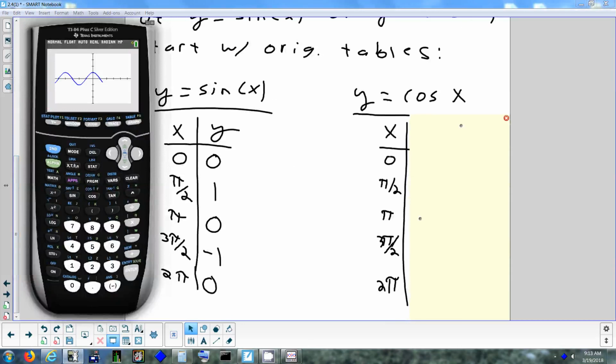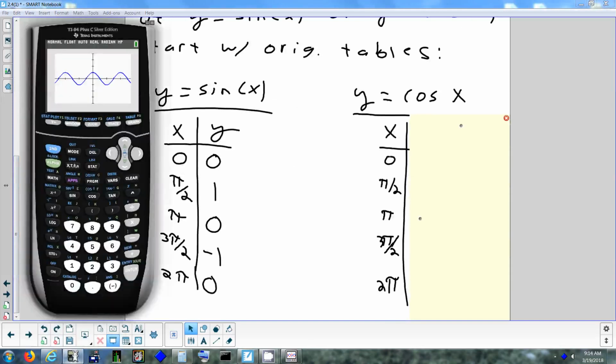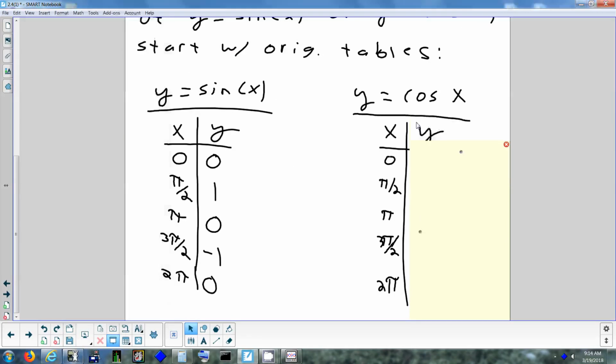And remember, we're only focusing from 0 to 2 pi. So ignore everything else you see. Just focus on that section right there. That's where it starts, and that's where it ends. So when x is 0 this time, we're at 1. So we start at 1, 0, negative 1, 0, and we end where we started, back at 1.